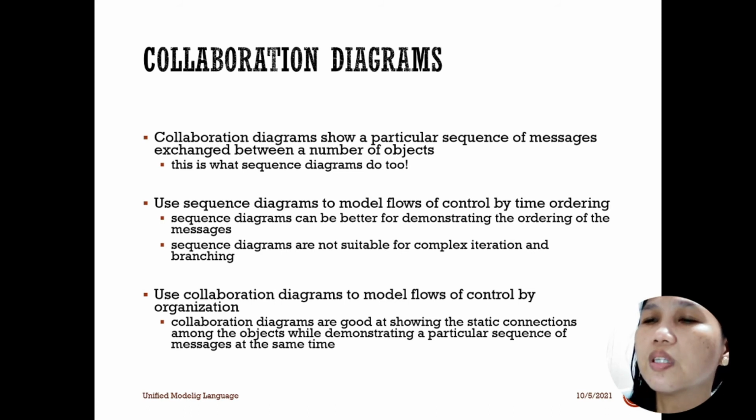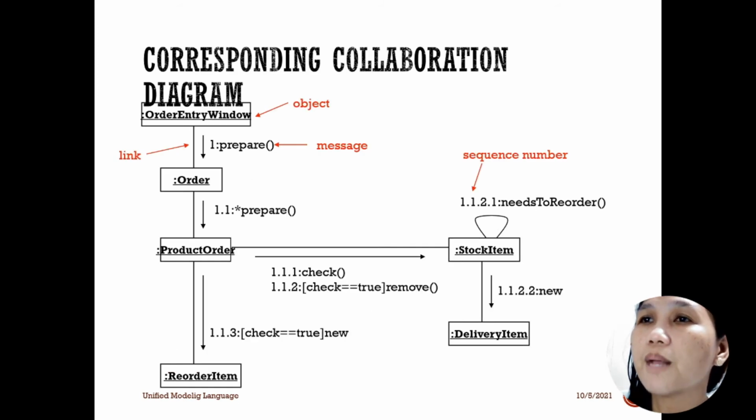We can use the collaboration diagram to model flows of control by organization. Collaboration diagrams are good at showing the static connection among objects while demonstrating a particular sequence of messages at the same time. So this is an example of a corresponding collaboration diagram.